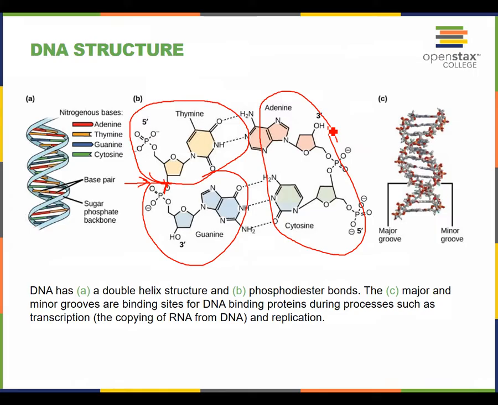And when Watson and Crick figured this out, what they realized is that if you break apart these hydrogen bonds that run through the middle here, each strand by itself has enough information for an enzyme to be able to build the missing strand, the complementary strand.